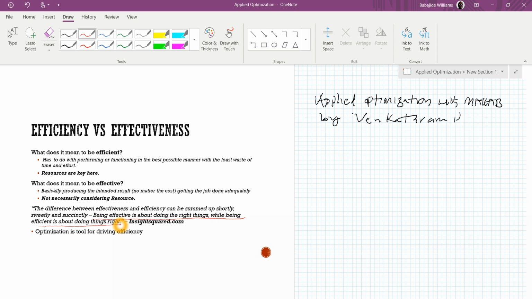Now, optimization is a tool that helps you drive efficiency, right? You can have certain constraints, and you're trying to find the optimal value of some design variables. So we need to understand that as we go forward.